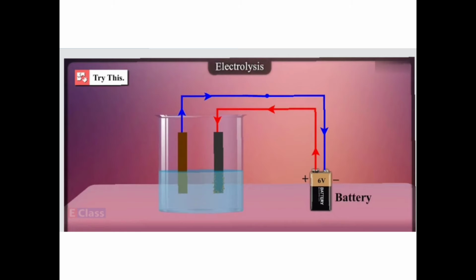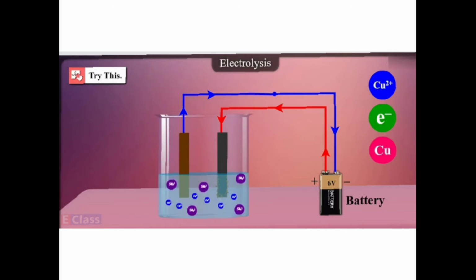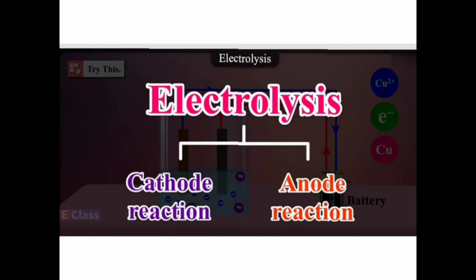Otherwise, if the bulb doesn't glow, it is a non-electrolyte. Where complete dissociation is possible, for example NaCl, CuSO4, H2SO4, NaOH, all those strong acids or bases or neutral salts, the complete dissociation takes place, right? And you get large numbers of cations and anions, and they move towards the oppositely charged electrodes, right?